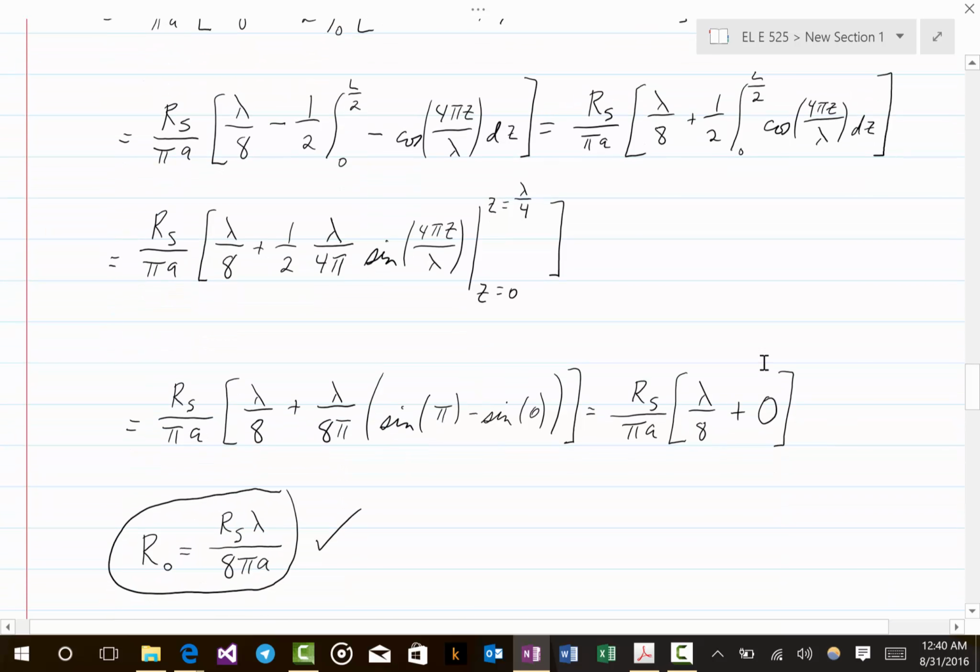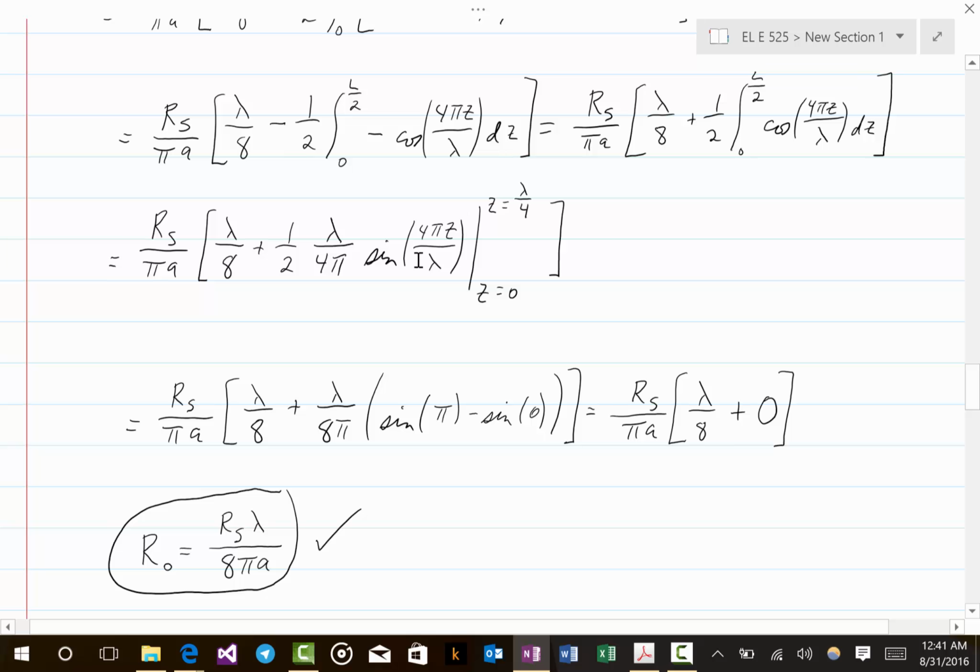That's an easy integral. It has almost the form of cosine u du, but to get it in exactly the right form, we need a 4 pi over lambda on the inside, and when we multiply on the inside by 4 pi over lambda, we need to multiply on the outside by lambda over 4 pi. So this is where the lambda over 4 pi comes in.